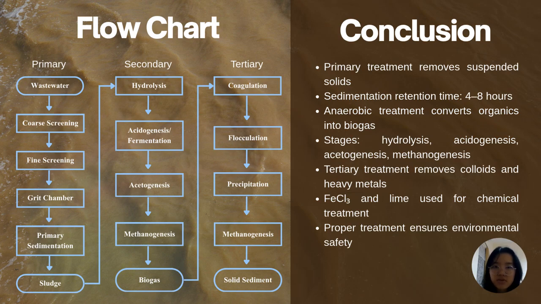Lastly, tertiary treatment applies coagulation, flocculation, and chemical precipitation using FeCl3 and lime to remove colloids and heavy metals. Overall, selecting the proper treatment system is important to ensure effective and environmentally safe wastewater management.